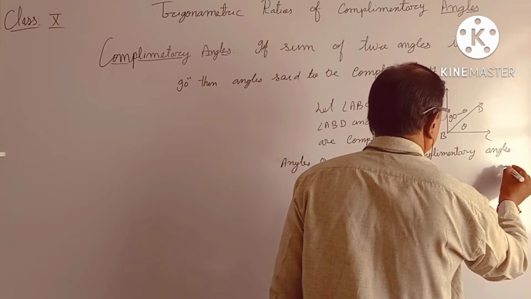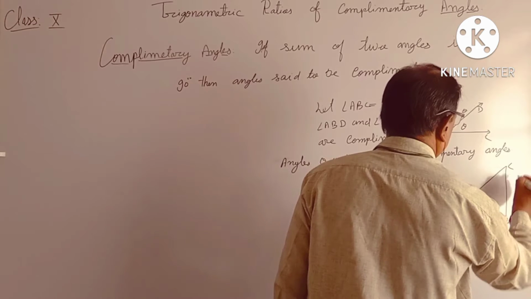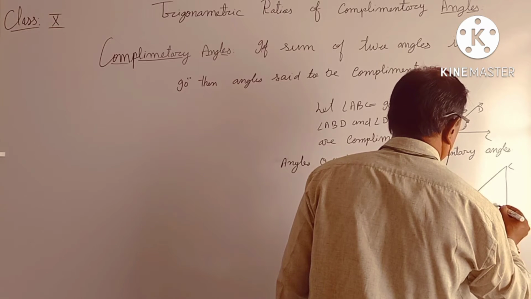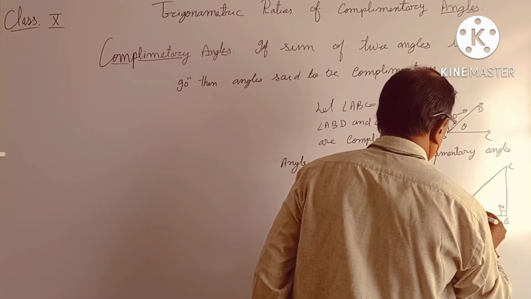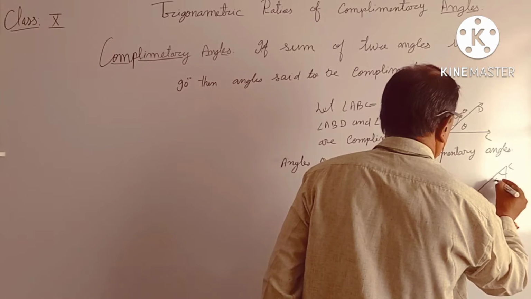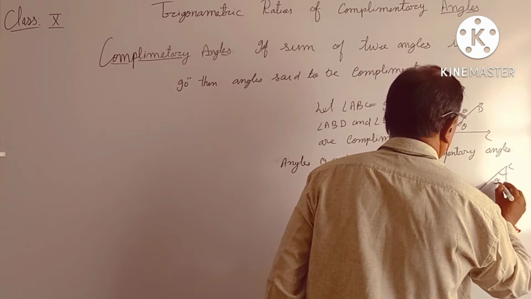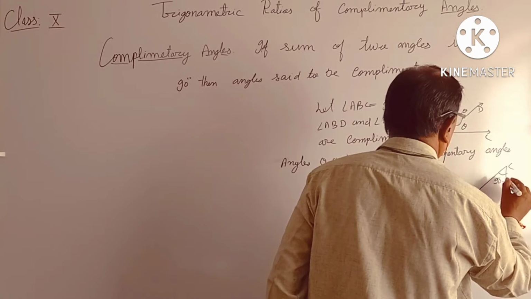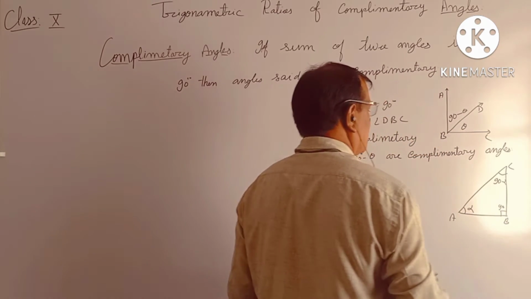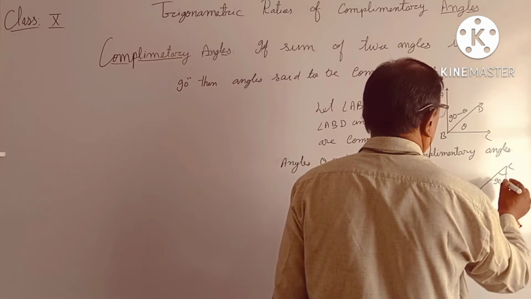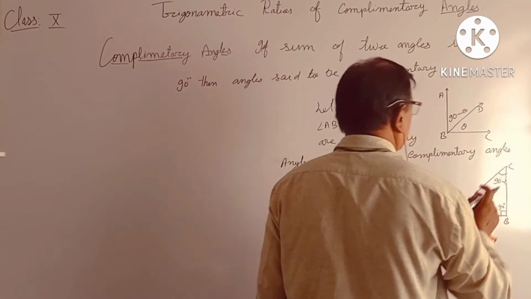Let the angle be theta or alpha, then the other will be 90 minus alpha, because the sum of all interior angles of a triangle is 180 degrees. So one is already 90 degrees, so the sum of these two is 90 degrees.